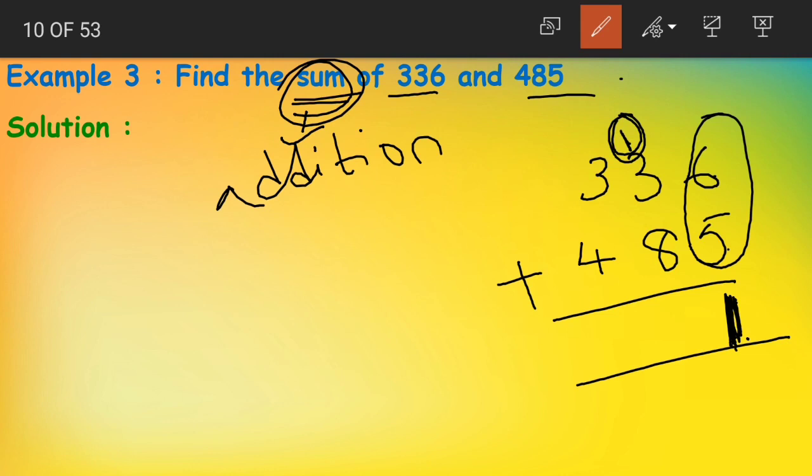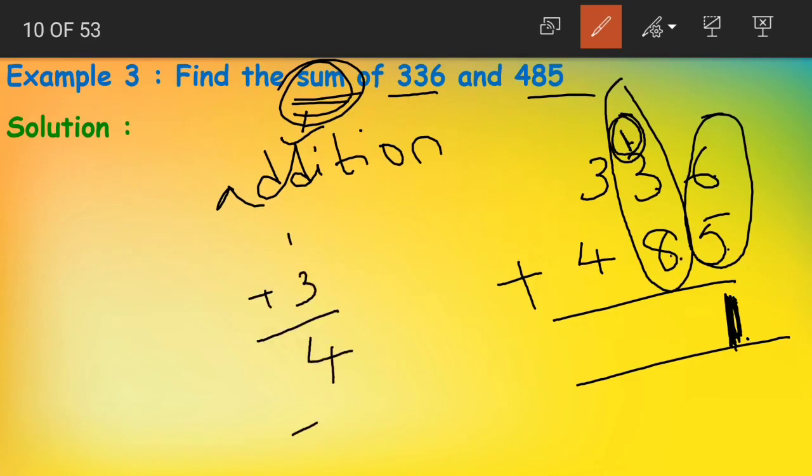Now coming to this tens place, we have 1 plus 3 plus 8. Now 1 plus 3 becomes what? 1 plus 3 becomes 4. And then we have 8. 4 plus 8 becomes? After 8 we have 9, 10, 11, 12. Right? So 8 plus 4 becomes 12. Again we are having two digits here.